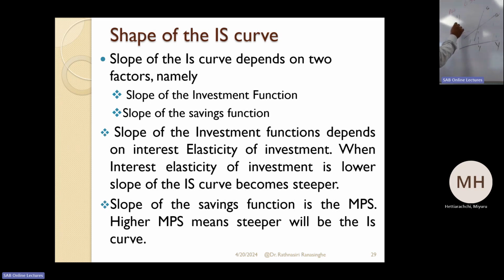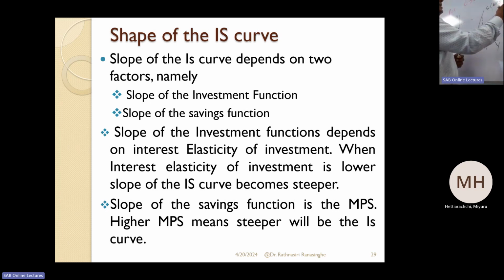This is the steeper one: a small rise in income may change the savings at a faster rate, so that means high MPS.